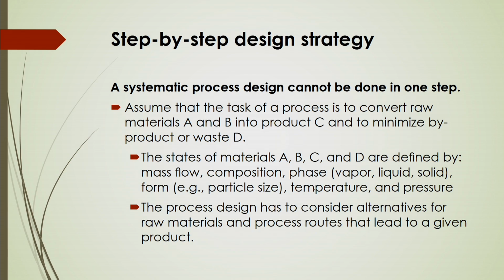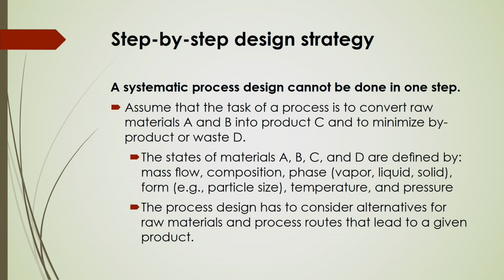Now, step by step design strategies have to be considered, because systematic process design cannot be done in one step. There are several steps to be considered here. Consider a process task where raw materials, suppose A and B, are converted into product C, and to minimize byproduct or waste, denoted by D. In that case, for the states of materials, you have to know whether A, B, C and D are defined by mass flow, composition, phase, form, temperature or pressure.